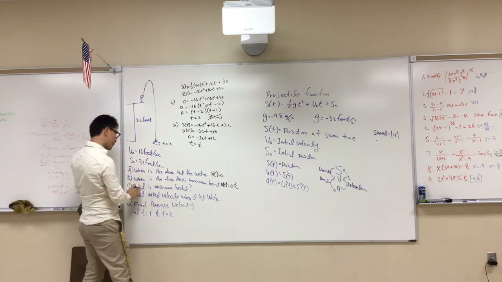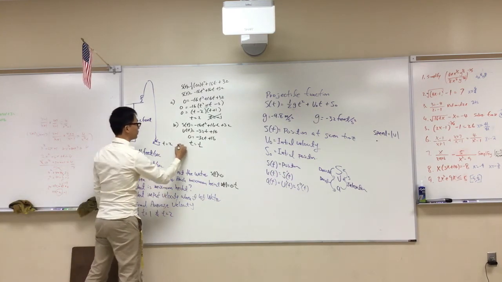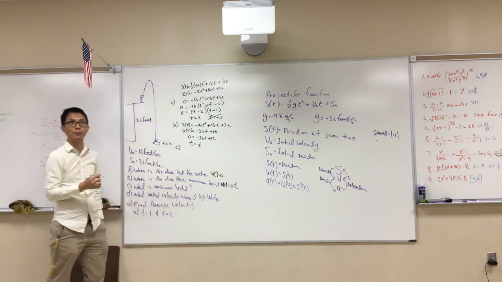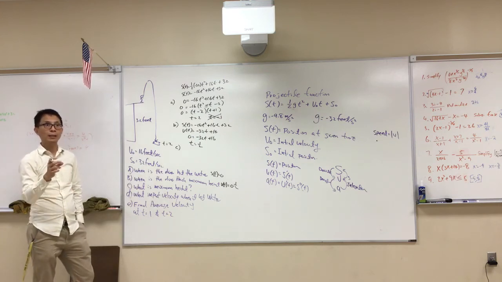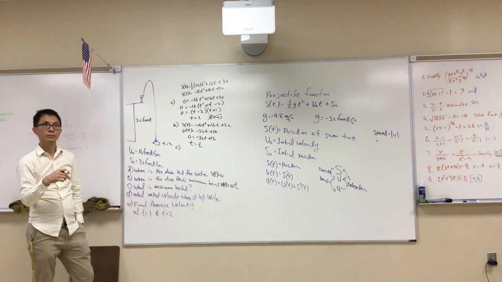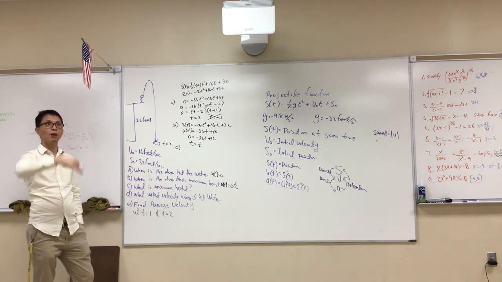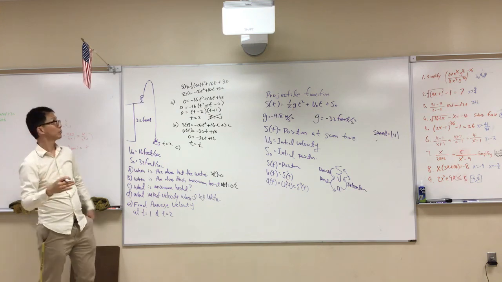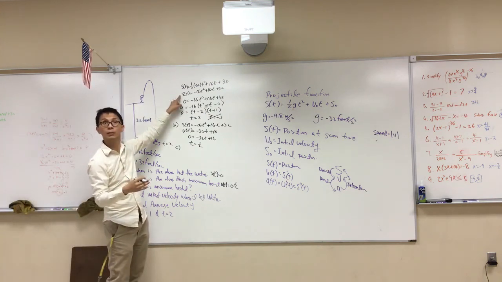And I'm going to see when is the maximum height. Well, if I want to find out the maximum height, what do I plug the 1/2 into? If I want to find out how high it is, what do I plug into? The original, right?